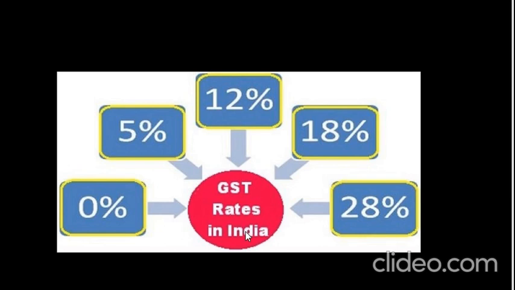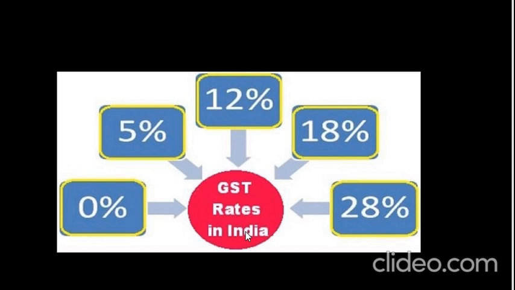Goods, services or transactions below the thresholds will be discussed in later videos. We discussed which goods are taxable under different percentages. Then it will have two components: central GST levied by the center, and state GST levied by the states, and integrated GST by the center again for interstate transactions.